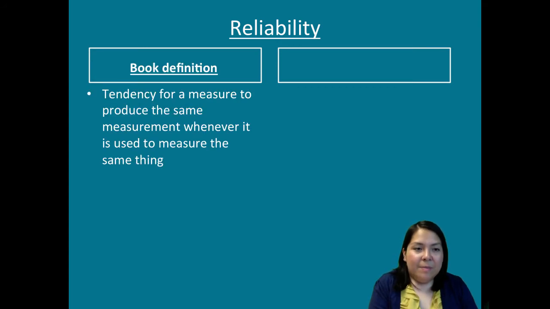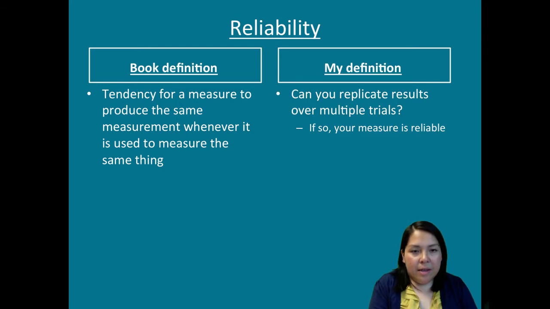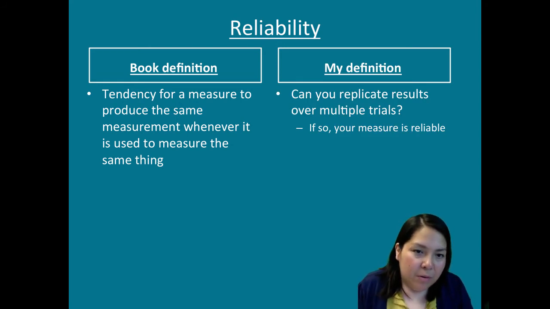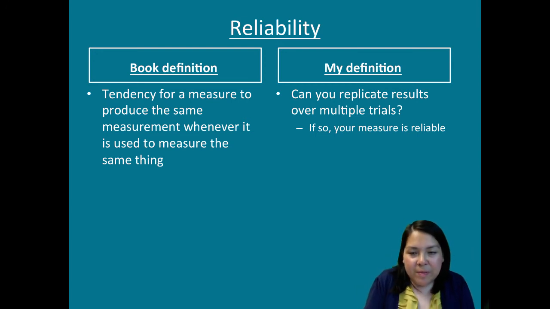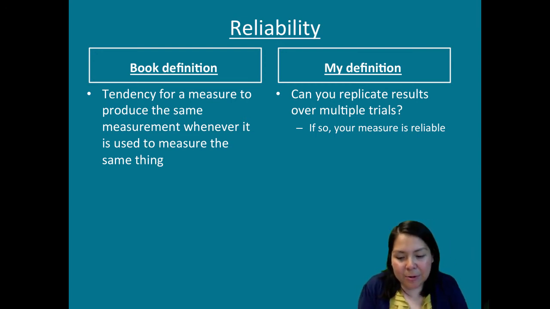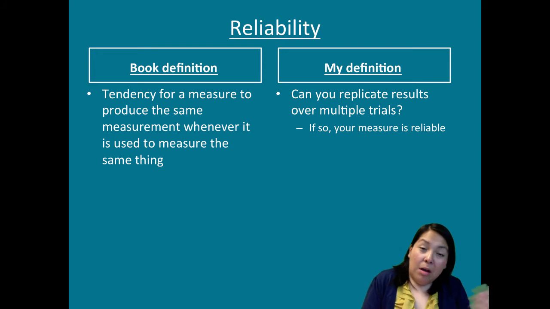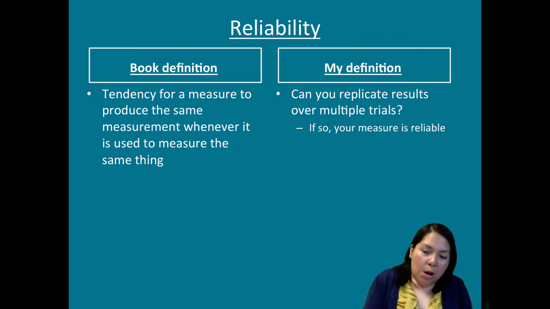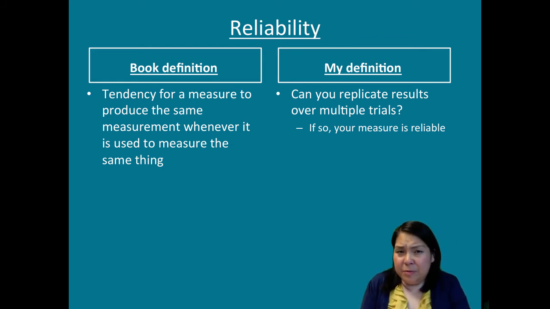Reliability, again, here's the book definition and then my definition. Can we actually replicate results over multiple trials? This means if I take my measurement of happiness and I bring 200 more people into the lab and have them fill out that same measure that 100 college students filled out, I want to know if it's reliable with older populations, with different ethnic groups, different religious groups.